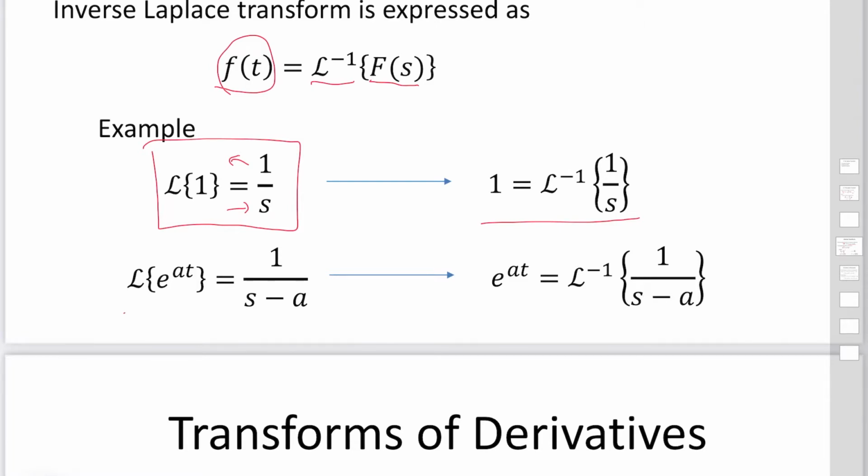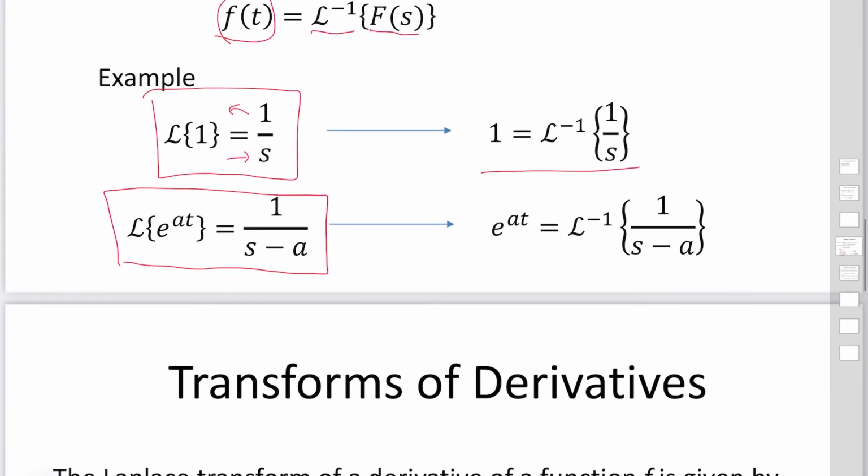We are going to solve this Laplace transform of e^(at) in the practice, so check the practice carefully. Then we use this equation to find the inverse Laplace transform of 1 over s minus a. It returns to the original function e^(at).